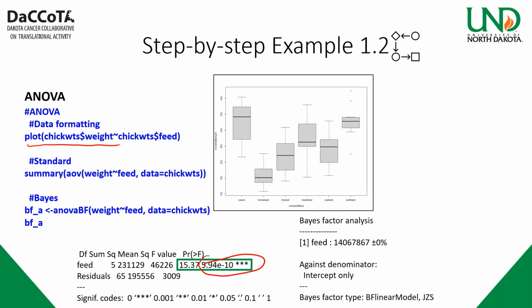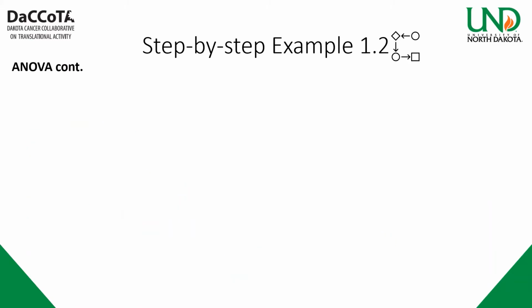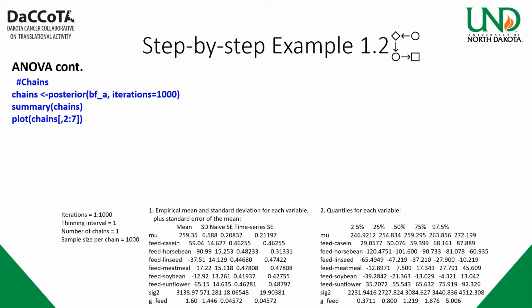Again, it's going to be very similar to the t-test, only we're using this function ANOVA BF, Bayes factor. Same sort of thing, and we get here that, oh yeah, this is huge. So similar to this, yeah, at least one of these is very different, unsurprisingly. We can continue and again look at those chains, and now this is showing you that summary.